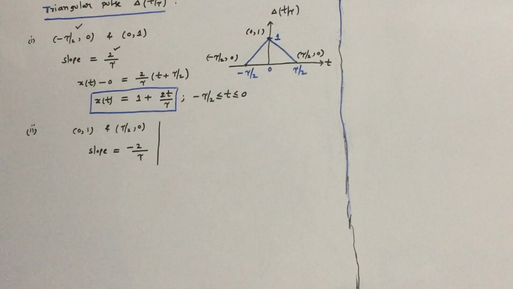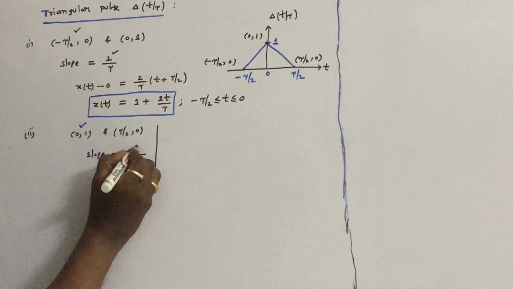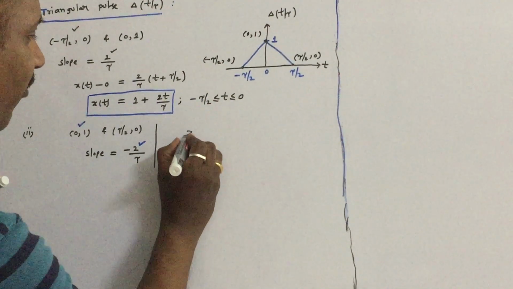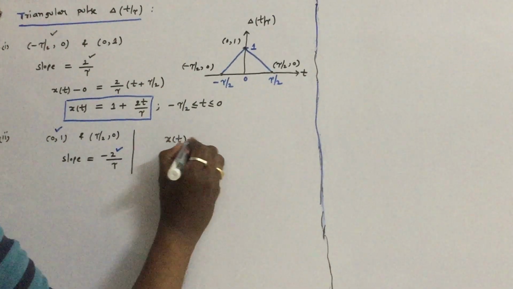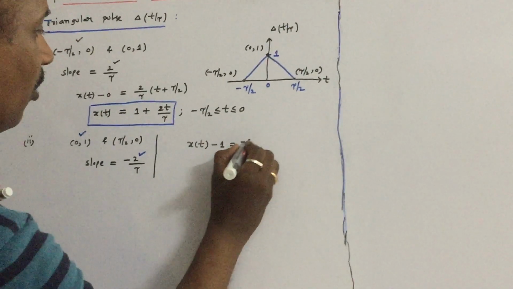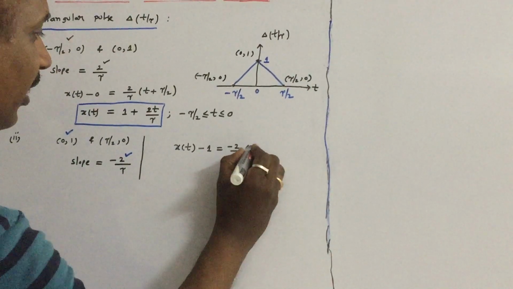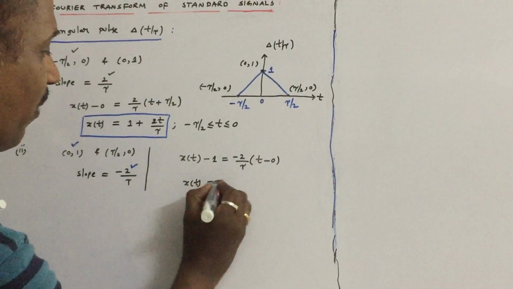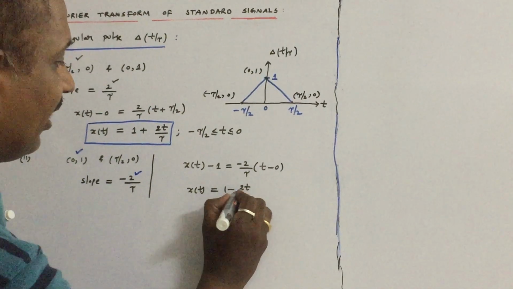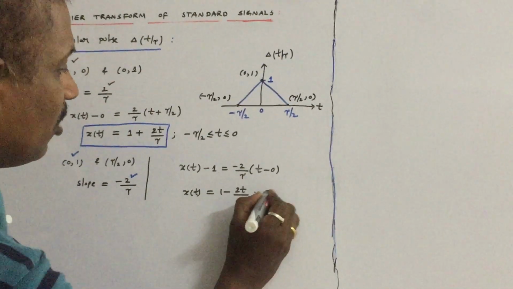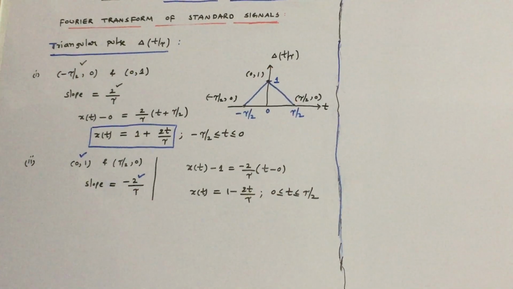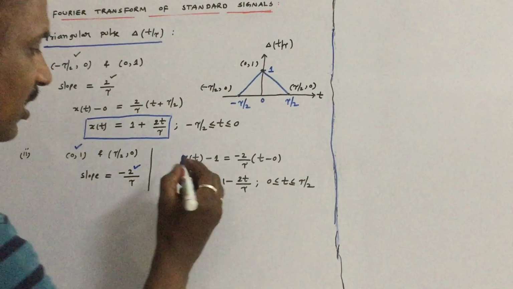So with this point and this slope, find the equation of the straight line: y minus y1 equals slope minus 2/τ into (t minus 0). So what is the x(t) equation? 1 minus 2t/τ, in the interval 0 less than or equal to t less than or equal to τ/2. In this duration, this is the equation of this straight line.